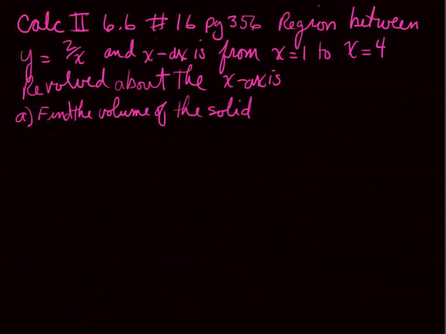Okay, let's do number 16 on that same page, 356. You've got this region between y equals 2 over x and the x-axis from 1 to 4, which looks sort of like, let's see, from 1 to 4, we do need that fourth quadrant though.